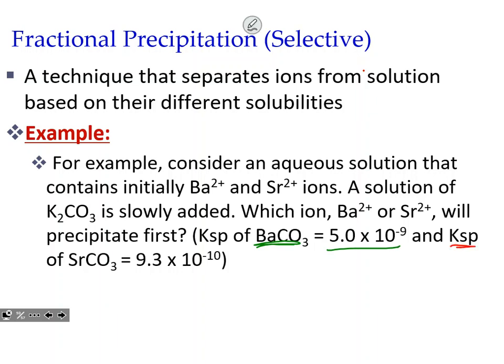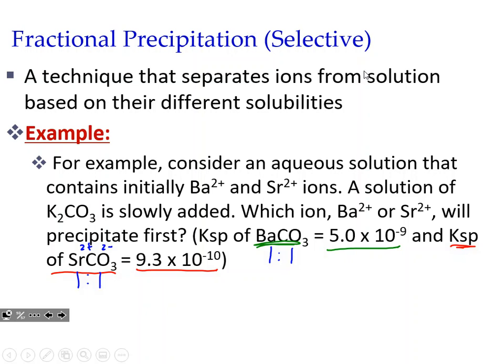The KSP of the strontium carbonate is 9.3 times 10 to the minus 10. And what you'll notice about both of these situations is this is a 1-to-1. This is a 1-to-1. Strontium's +2, carbonate's -2. So these have the same ratio of ions in solution.